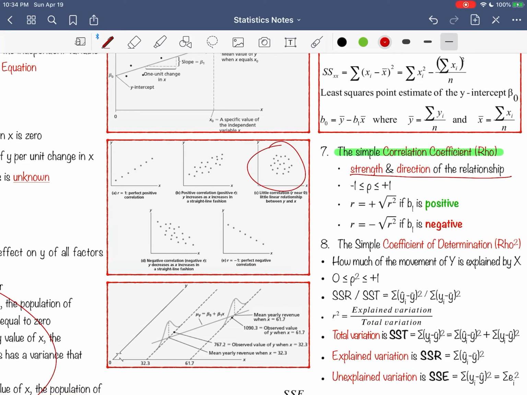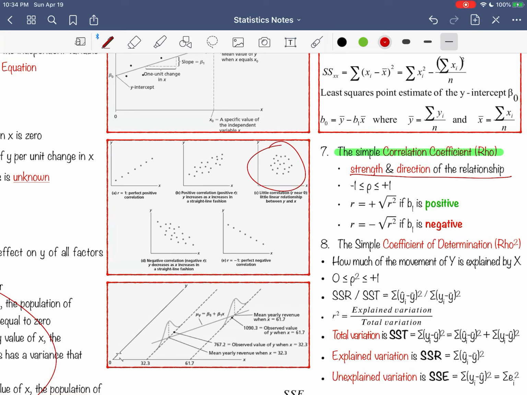The closer it is to 1 or -1, the stronger the relationship. The closer it is to 0, the less strong the relationship. The sign of R is the same sign as the slope of the equation, which we'll do an example of. So if the slope is positive, then R is positive, and if the slope is negative, then R is negative. It goes without saying.